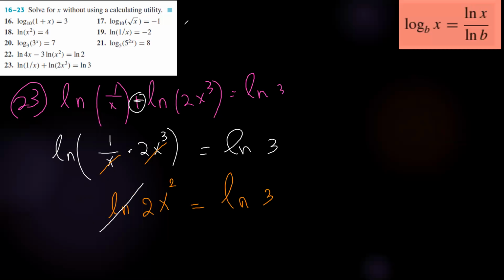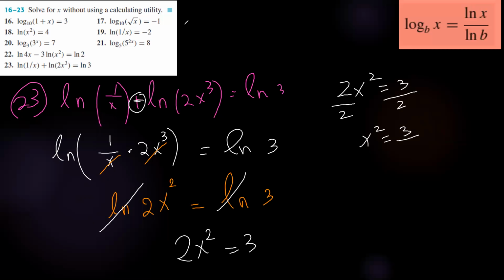Then ln cancels ln, so 2x squared equals 3. So let's continue here. x squared is 3 over 2, under the square root. So x will be positive or negative square root of 3/2. Do you have any question? No, teacher.